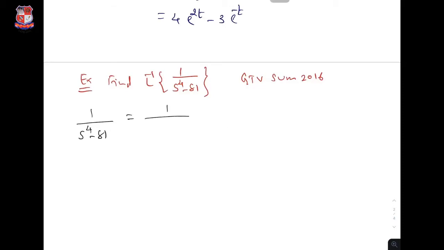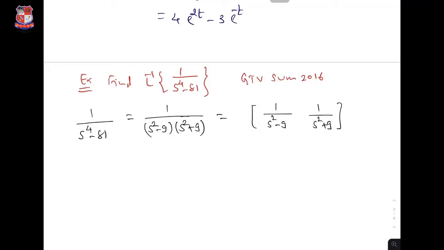Can we write it like this: 1 over s square minus 9 into s square plus 9. And now what we can do here is, let us adjust 1 over s square minus 9 into s square plus 9.